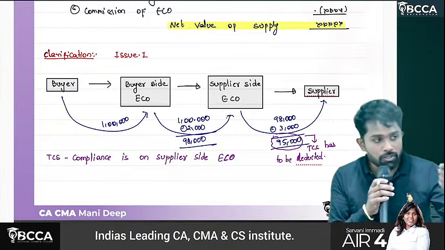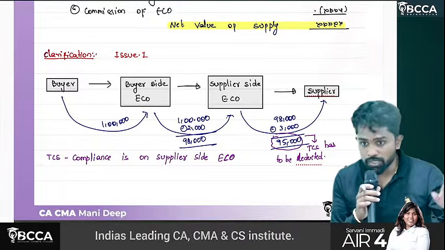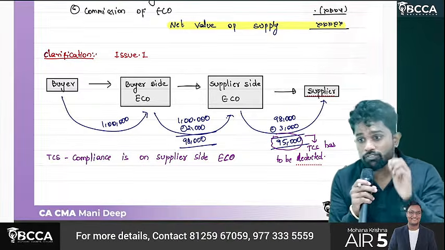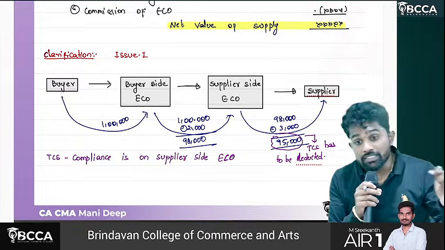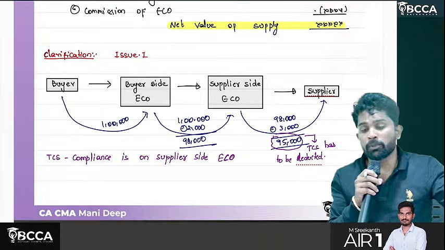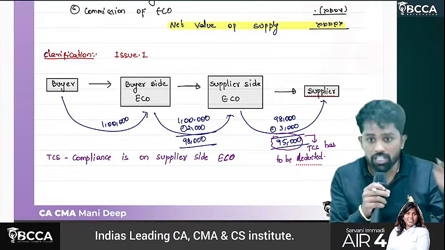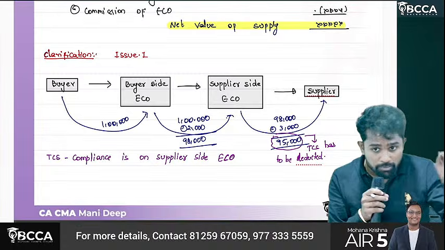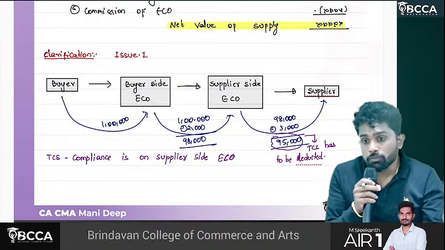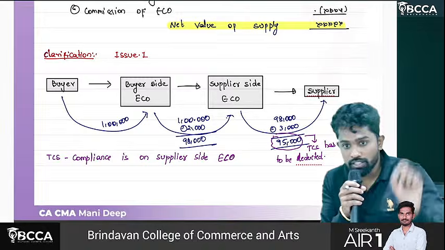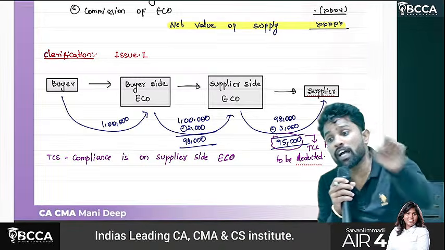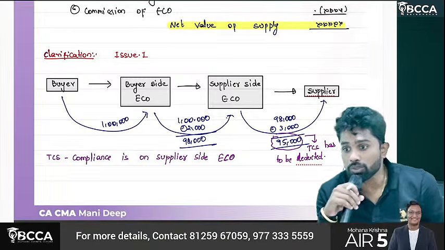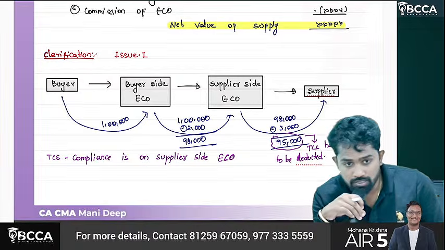I'm searching for a product in Flipkart. Now in Flipkart, some other ECO has listed their products. I clicked on the Flipkart listing, and from that Flipkart the order was forwarded to another ECO. Now that other ECO has actually confirmed the order to the supplier. Are you able to understand, sir?